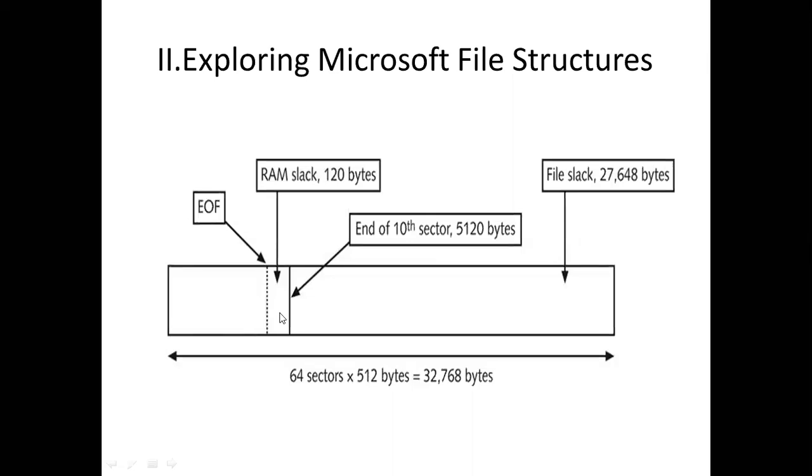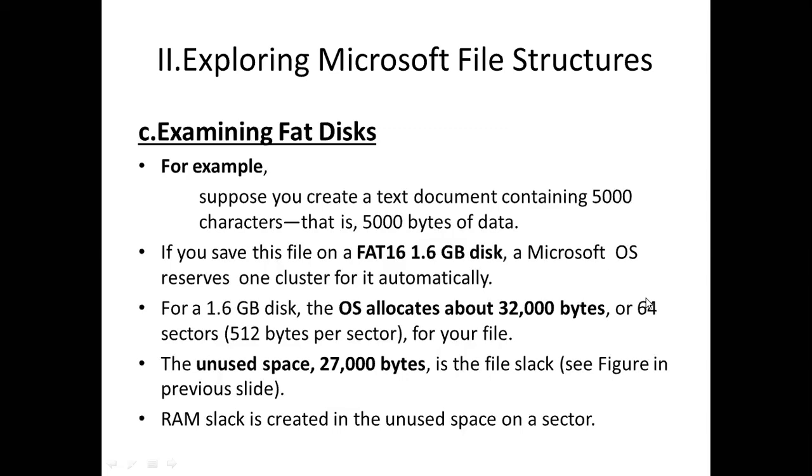You'll understand it better. So we're going to see an example where you create a text document which contains 5,000 characters. Okay, that is 5,000 bytes of data. Suppose you save this file in FAT16, on around a 1.6 GB disk, generally it will assign one cluster for it automatically. The operating system will calculate 64 into 512.